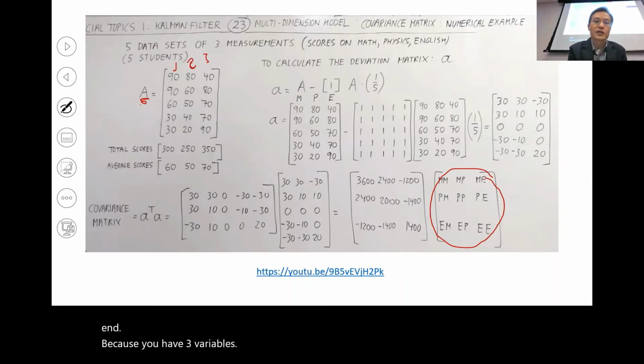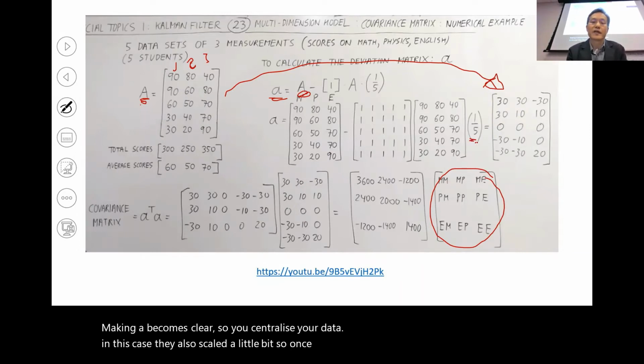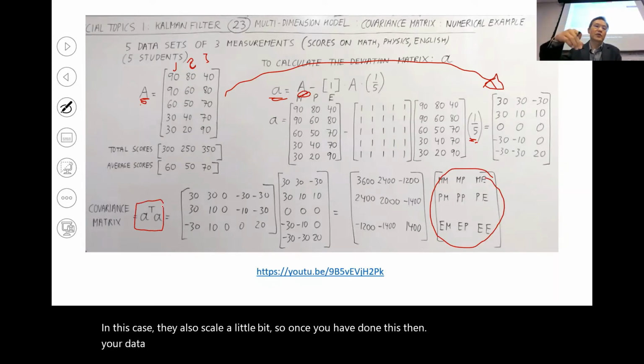So you centralize your data by making big A become this. In this case, they also scaled a little bit. Once you have done this, your data matrix transposed and multiplied by itself becomes the covariance matrix.